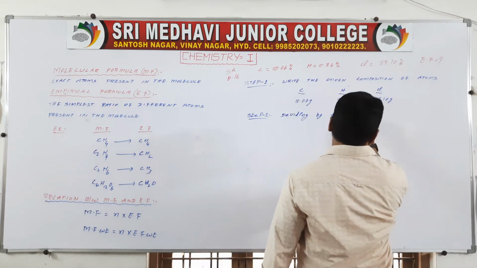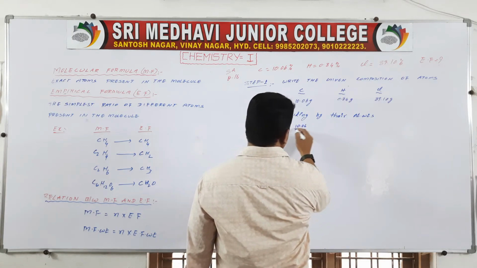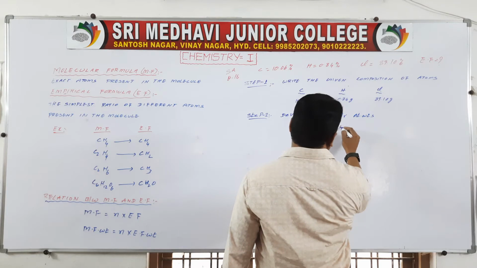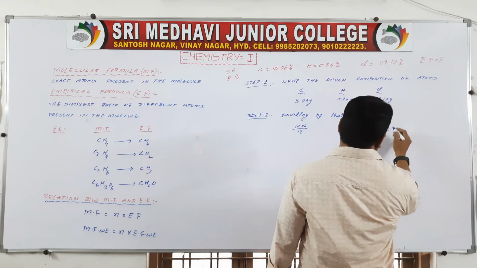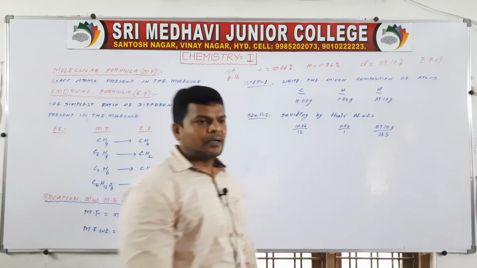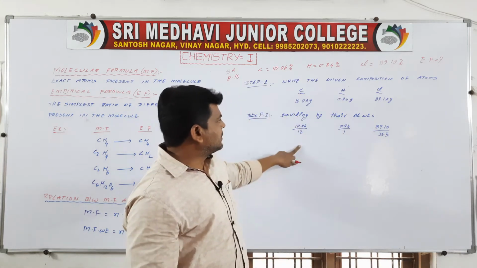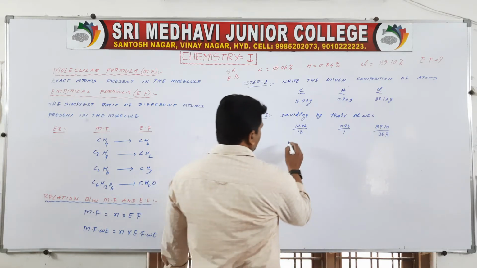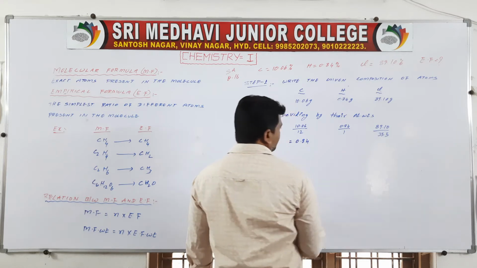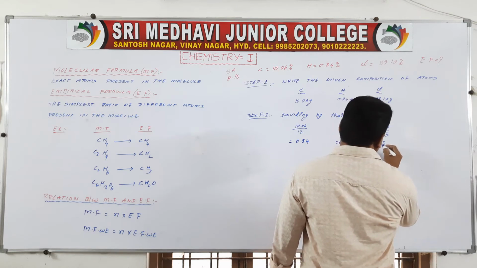So 10.06 by 12, 0.84 by 1, 89.10 grams by 35.5 grams per mole. These are the atomic weights of carbon, hydrogen and chlorine. Dividing, we get 0.84, 0.84 and 2.5.